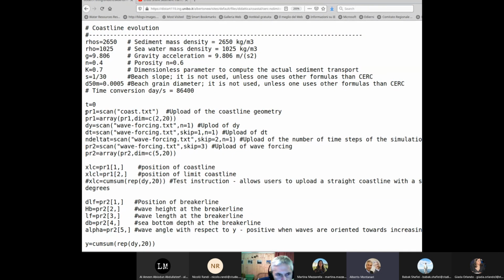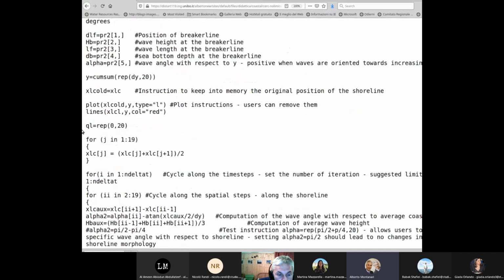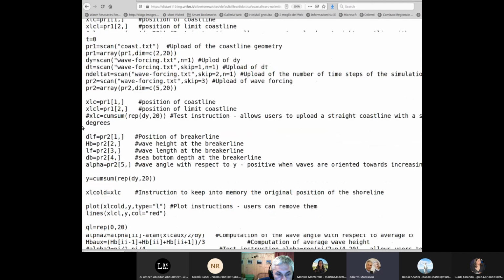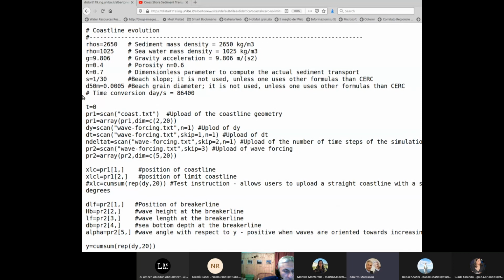I would like next time to know if you succeeded in getting up to here, which would already be a quite interesting result, because it means that you already overcame some of the major obstacles, some of the major hiccups that you can find when you start with R. And if you have time, I suggest that you have a look at the following and just understand what's done here. And next time, I would like to complete this exercise. It will take about 1 hour. And then we move forward with the lectures.